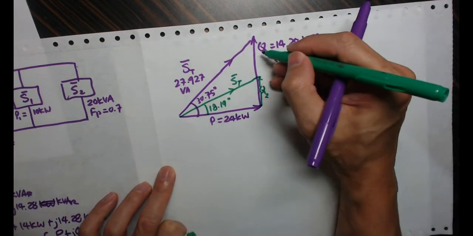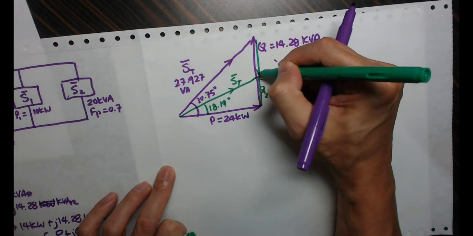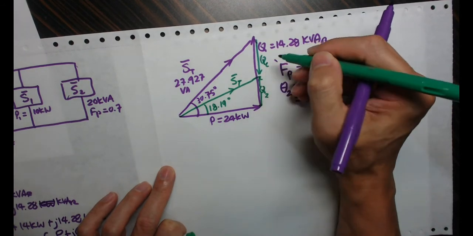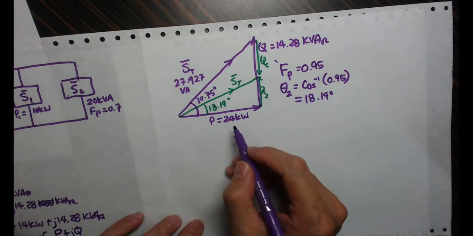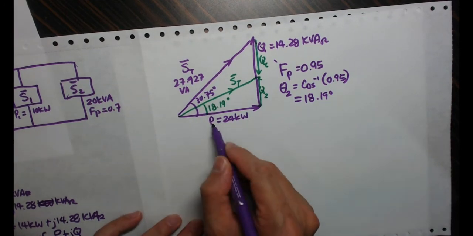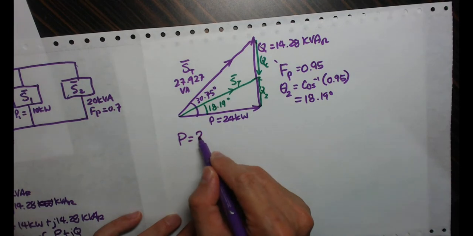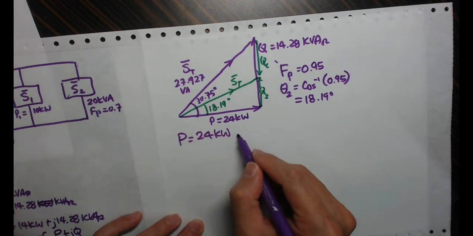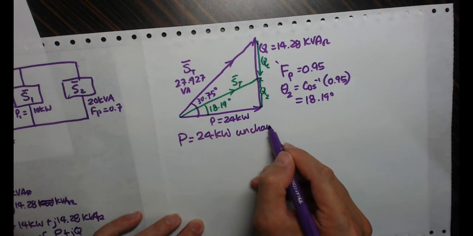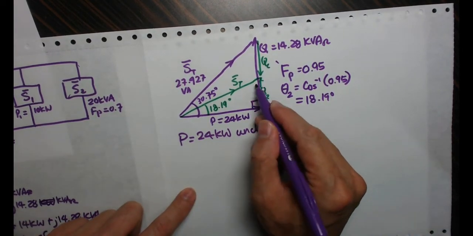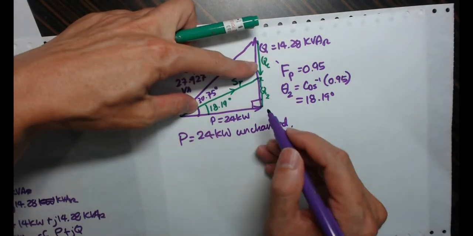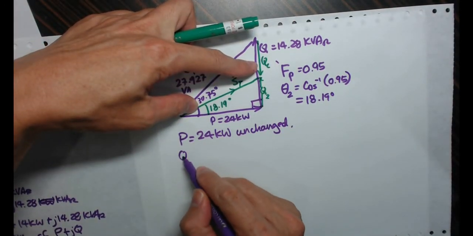So that means I need to introduce a capacitance such that I have a new QC that will cancel out some of the inductive reactance there. Now to start with, for the new factor, P remains the same, so 24 kilowatt unchanged.